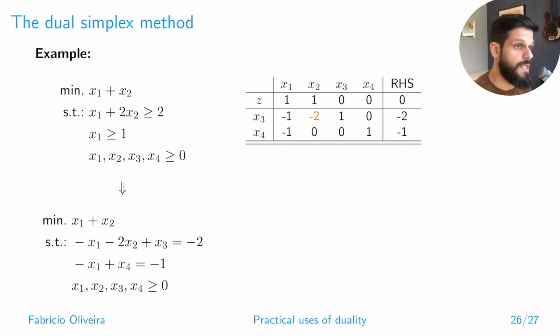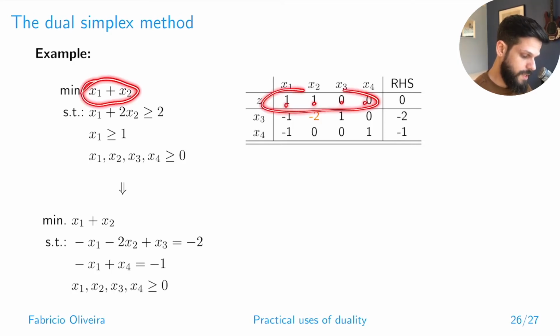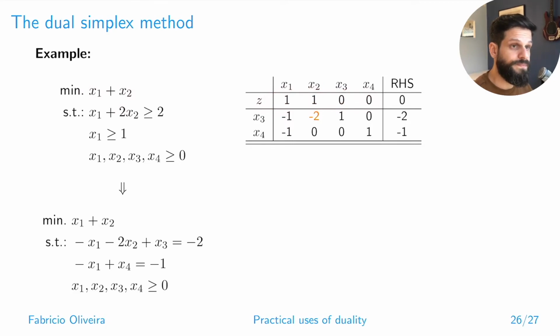So I can use that as a starting basis. And you can see here that everything in this line is my reduced costs, and they're all positive. So this is dual feasible because it's a minimization and they all have positive coefficients. And here is just the tableau.